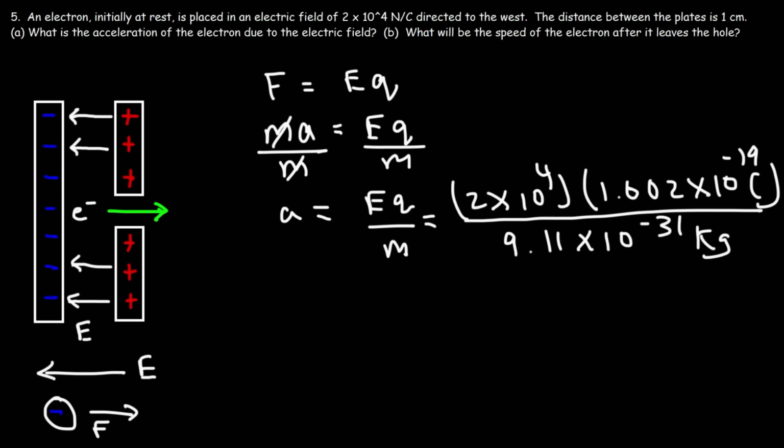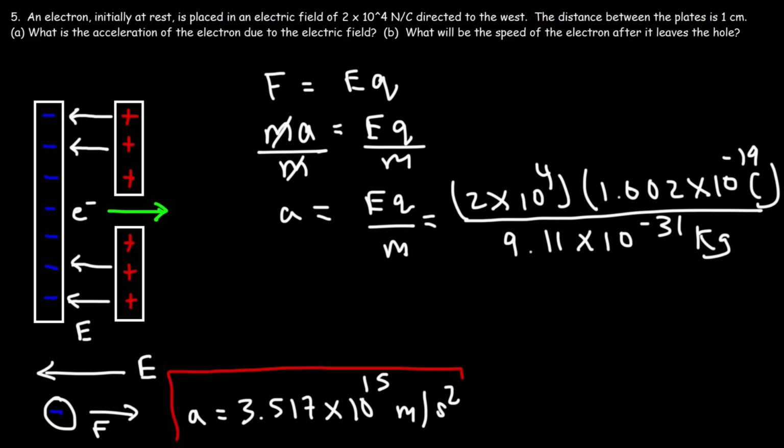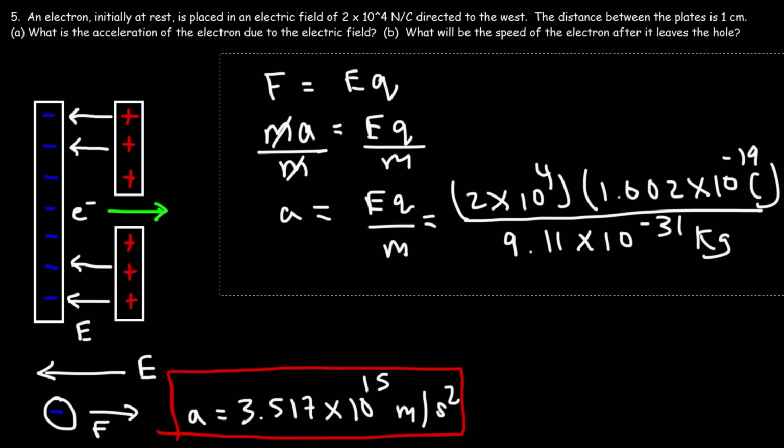So let's go ahead and plug this in. So the acceleration is 3.517 times 10 to the 15 meters per second squared. So that's going to be the acceleration when the electron leaves the negatively charged plate.